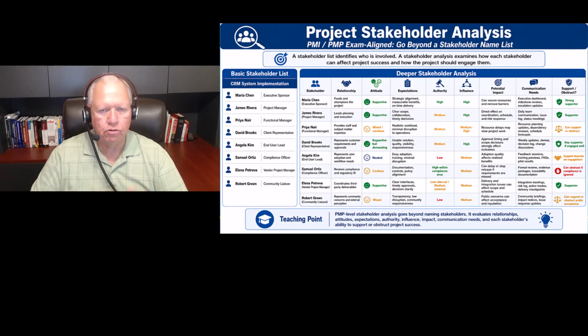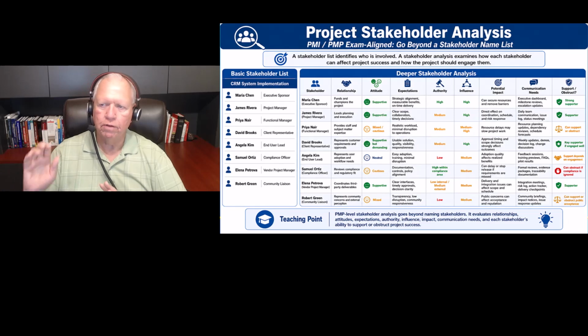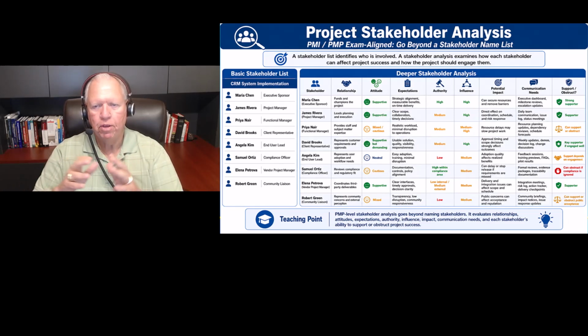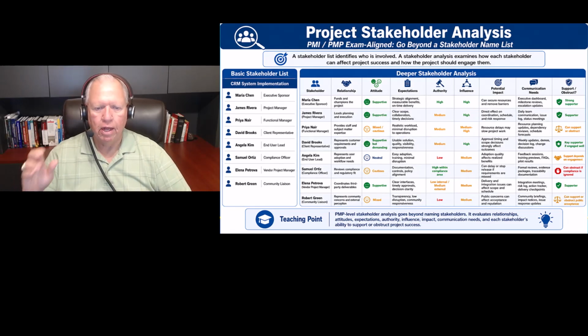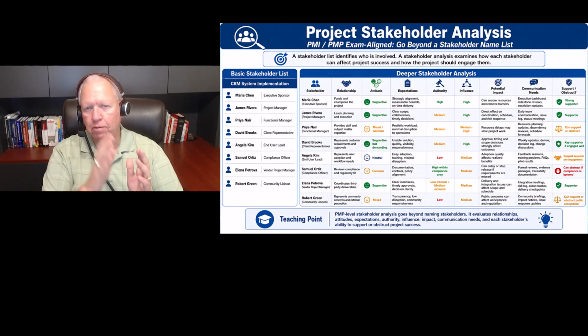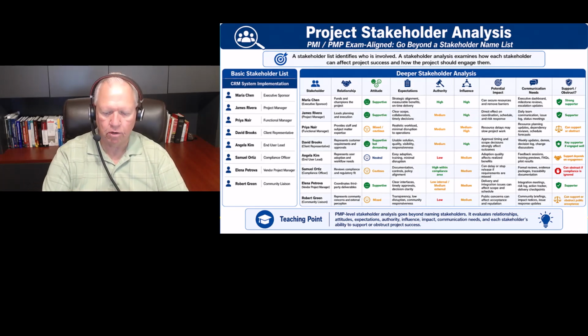You notice you have stakeholder, relationship, attitude, expectations, authority, influence, potential impact, communication need, and supportive and obstructive. This is what PMI is talking about when you're analyzing the stakeholders: understanding all of these different components. A lot of times we don't think about all these different pieces, but they are very important to the stakeholder analysis.